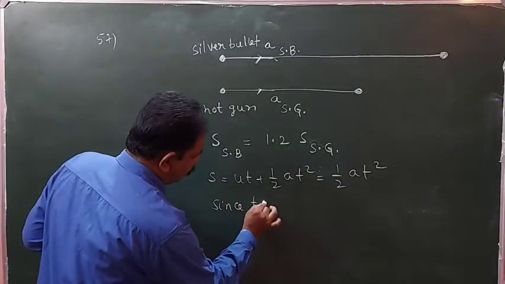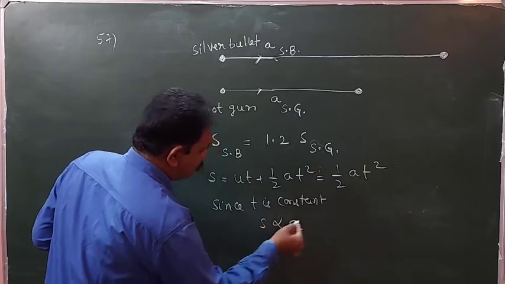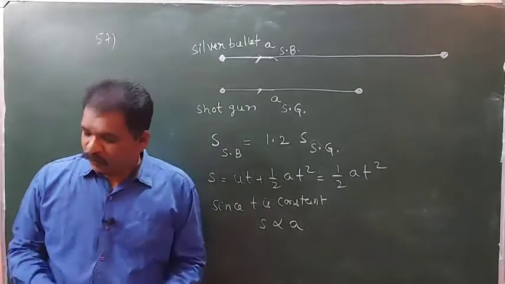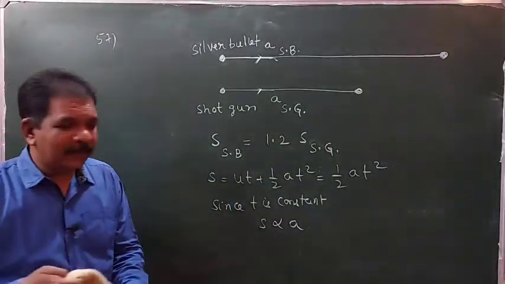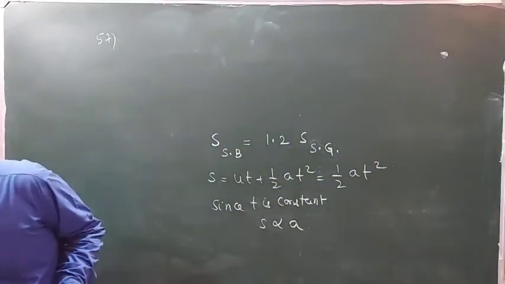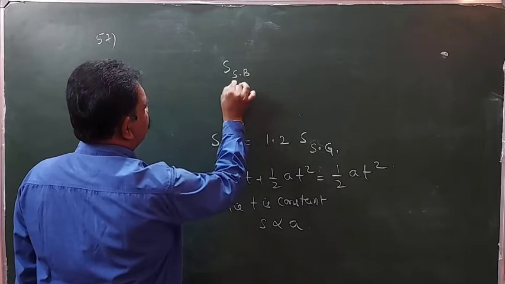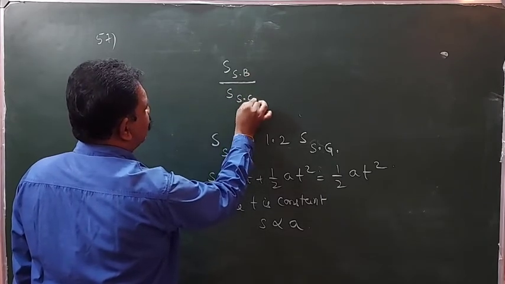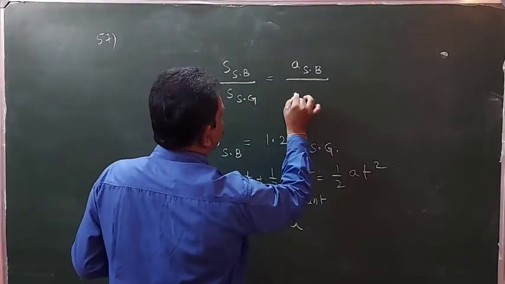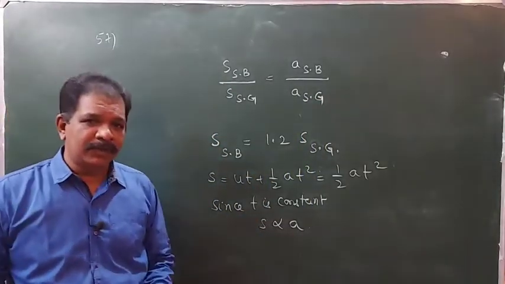Since t is constant, S is proportional to A. Then if we apply it for the two, we can write S of Silver Bullet by S of Shotgun is equal to A of Silver Bullet by A of Shotgun. We can write like that, S proportional to A.